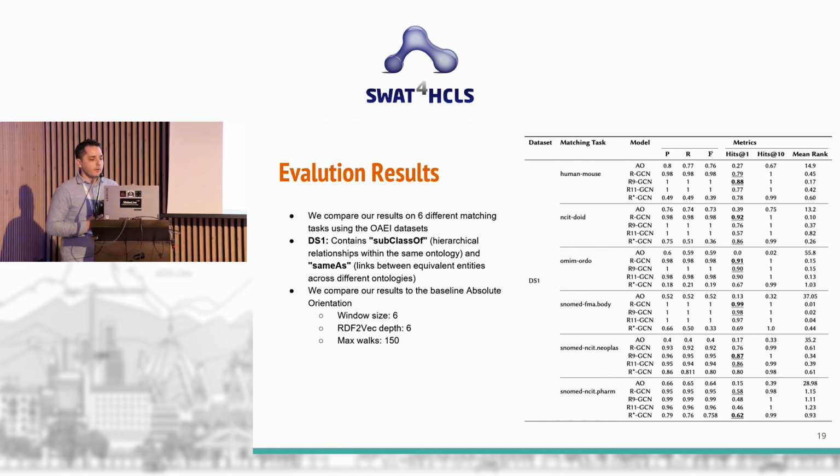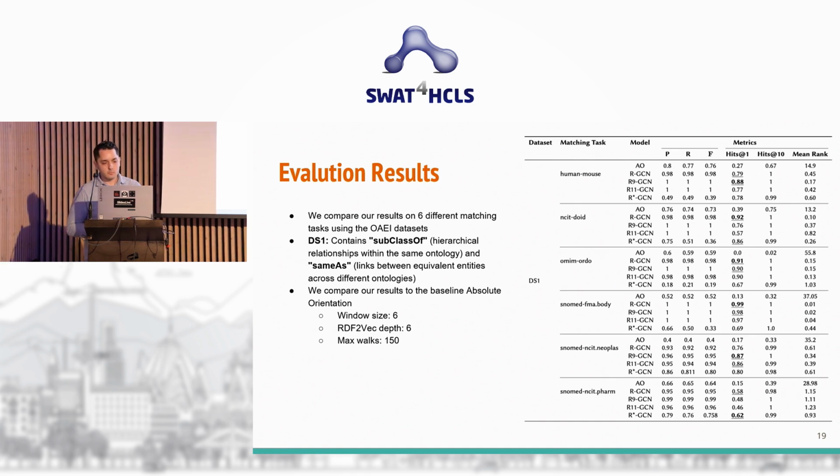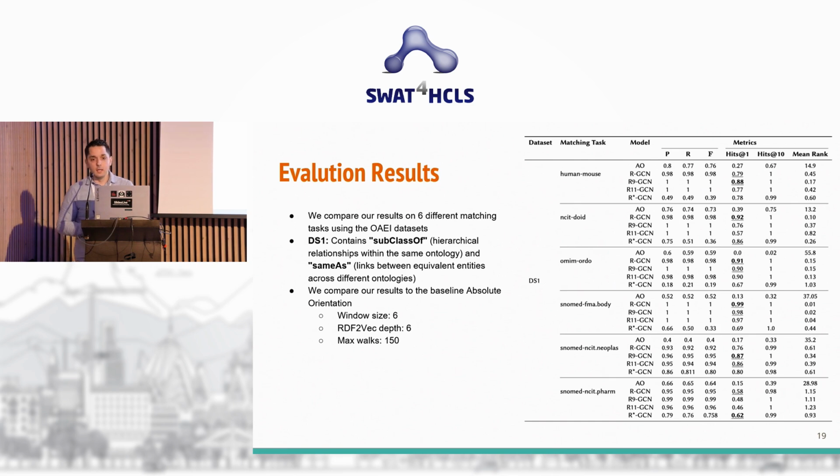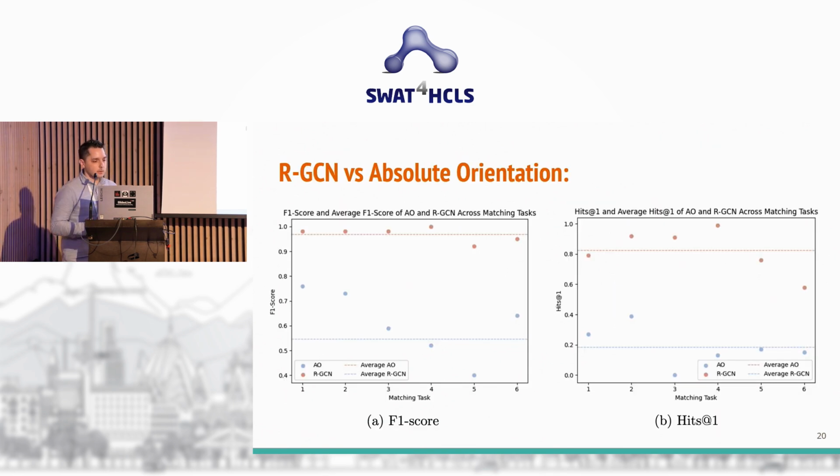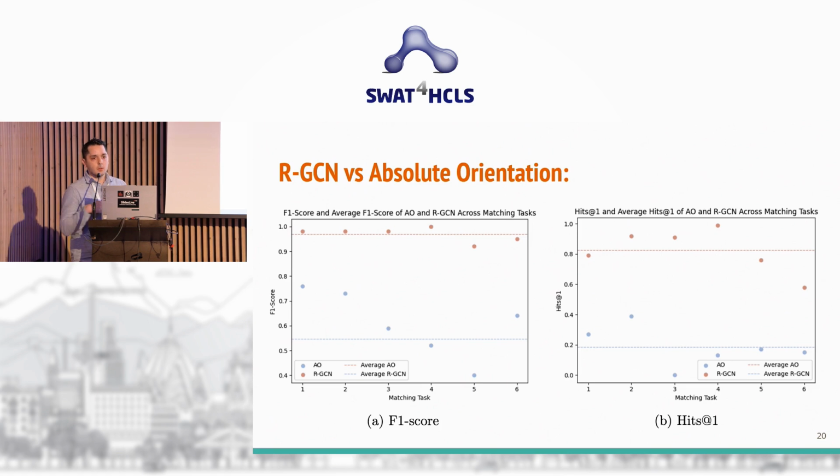Between the variations of our R-GCN model, here we don't see much. They all perform equally, more or less. We don't see a lot of difference, and this is because it's the lowest complexity task. In 2 slides, I will get to the highest complexity tasks that we designed.